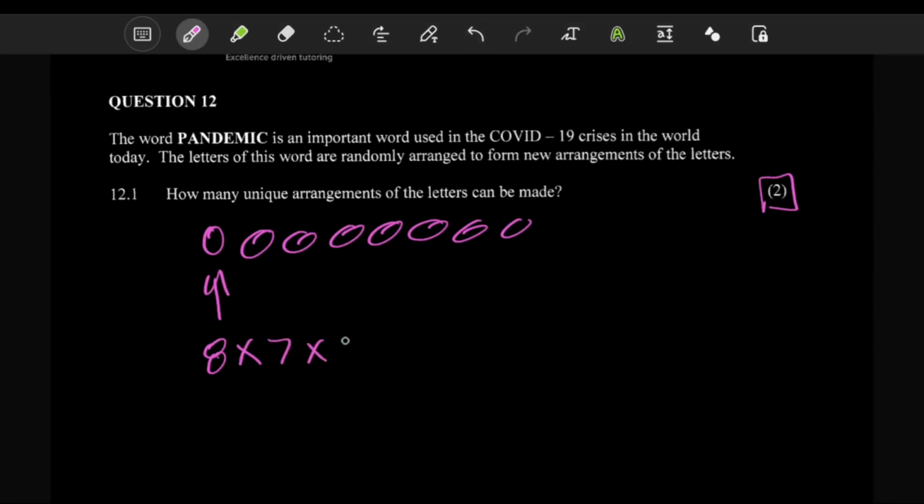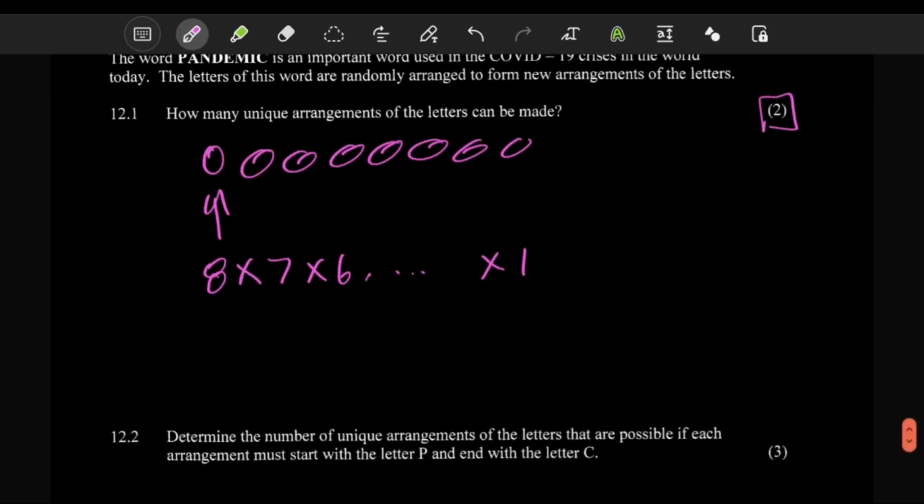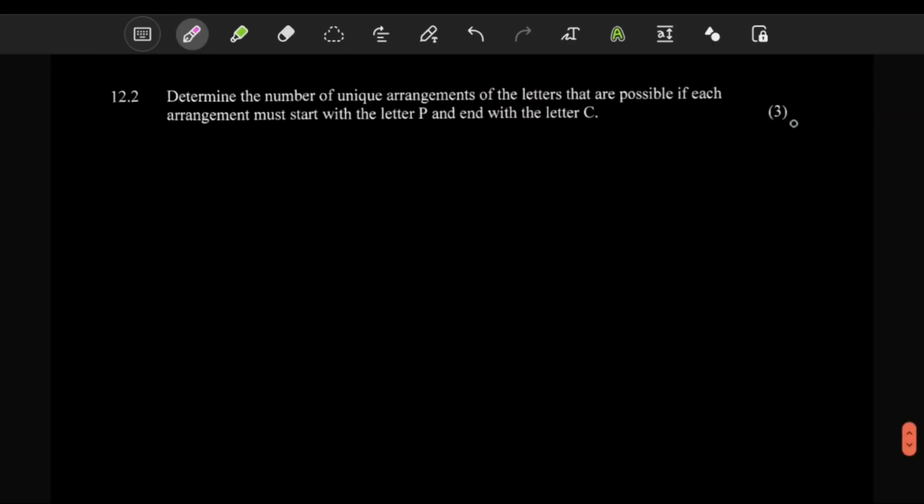The moment you put one there, there's 6 options left, going on and on until one option. So this is just 8 factorial, and the number there is just 40,320. Nothing major.